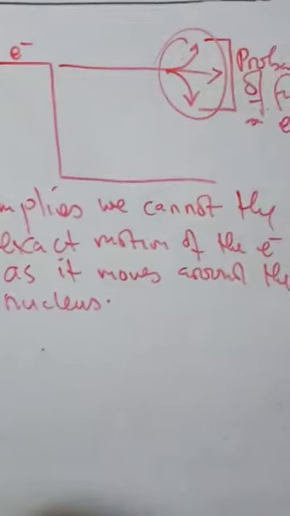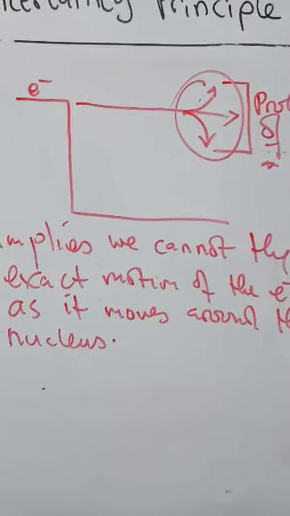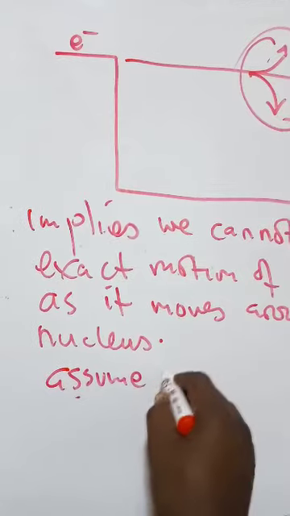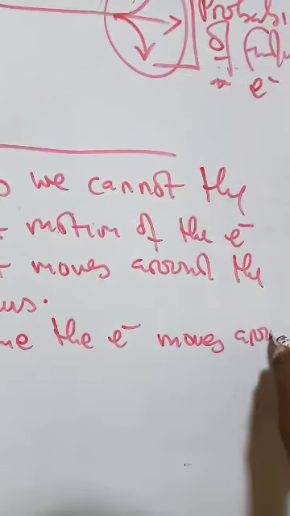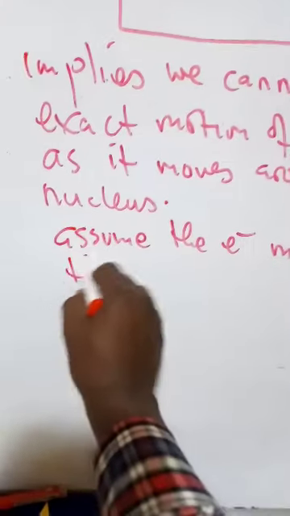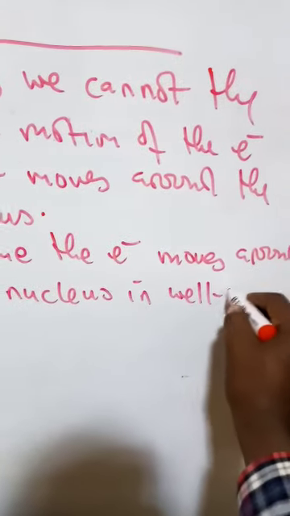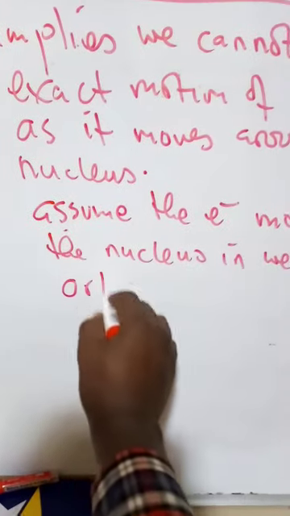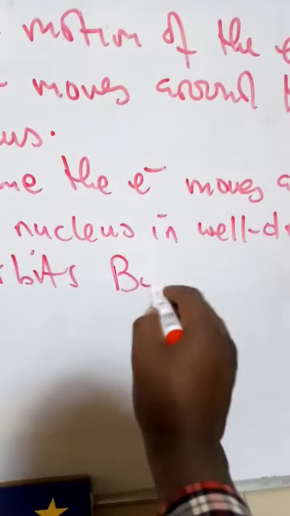So it is therefore not appropriate to assume that the electron moves around the nucleus in well defined orbits, as illustrated in the Bohr model.